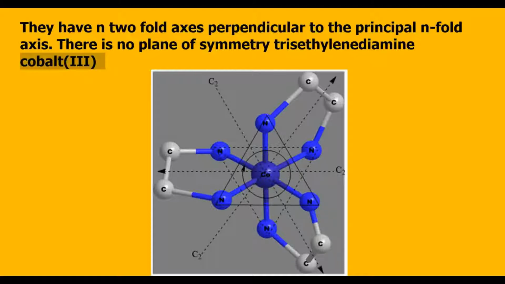So there are 3 ethylene diamine units connecting the cobalt atom, and the geometry of this molecule is octahedral. Now, this is an example of D3 point group.